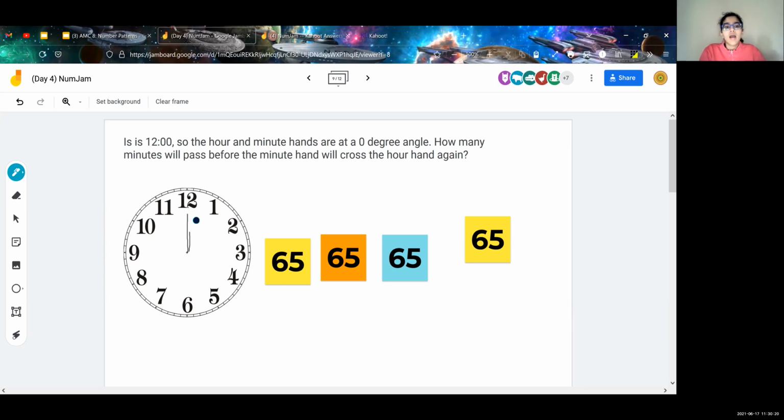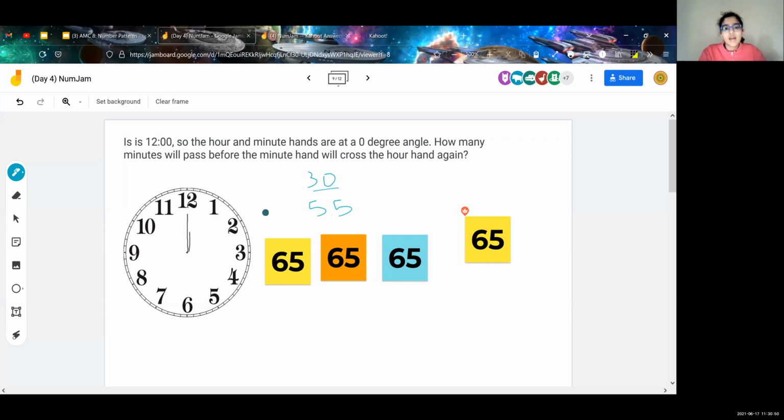So at 60 minutes, it's at 30 degrees, right? So we'd have 30 degrees, and then we'd divide it by 5.5 and add it to 60. And 30 divided by 5.5 is equal to 5.45.